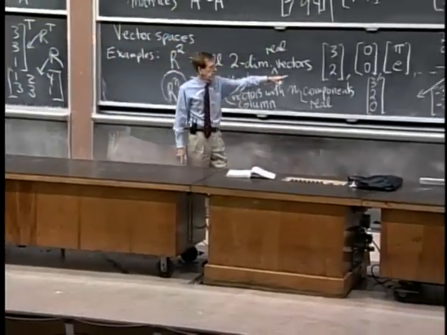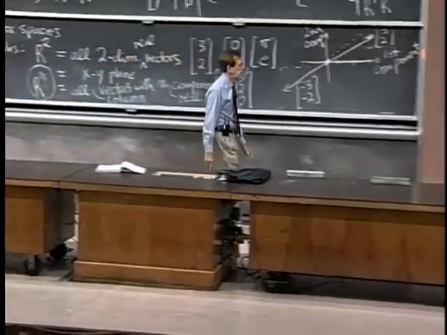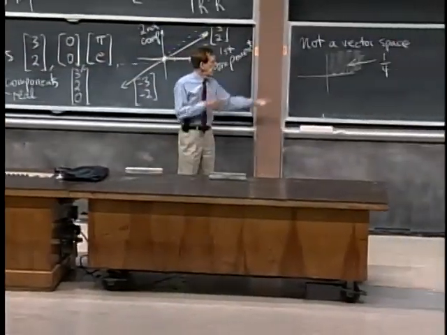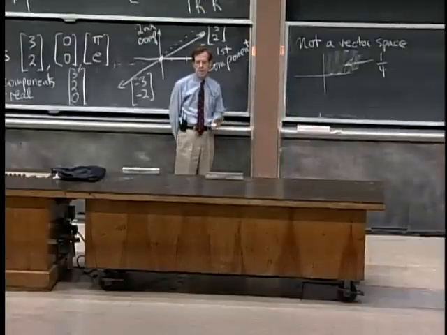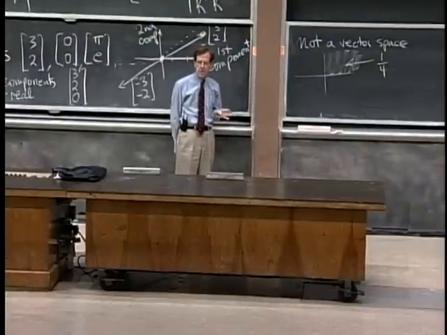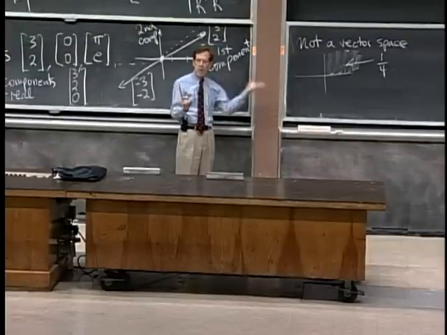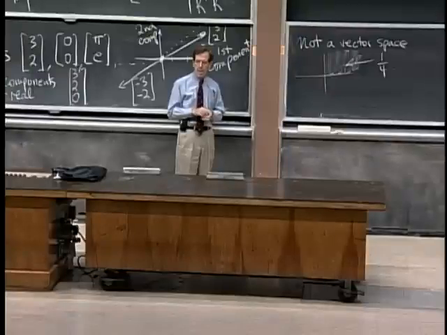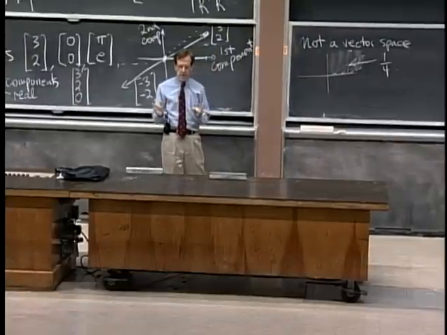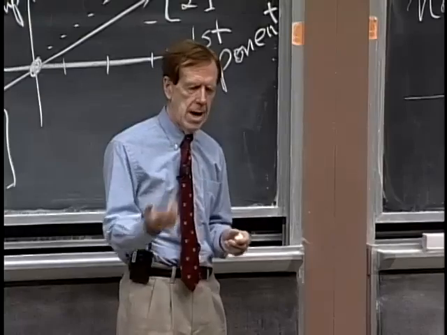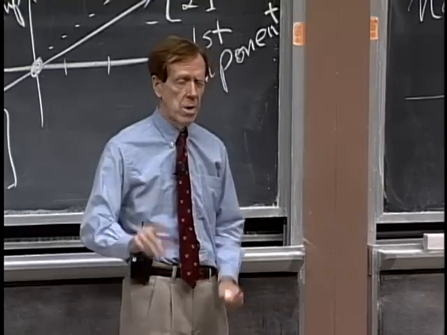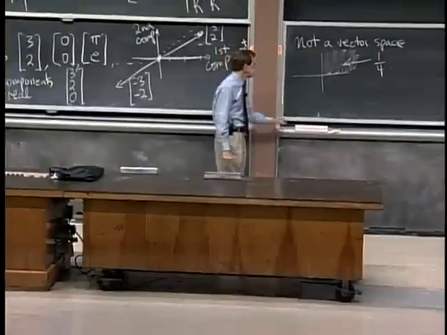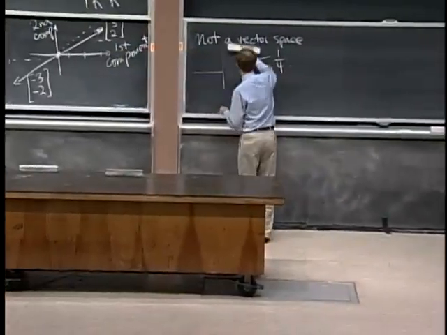See, there we started with R2 and took part of it and messed it up. What we got was not a vector space. Now tell me a vector space that is part of R2 and is still safe: we can multiply, we can add, and we stay in this smaller vector space. It's going to be called a subspace. So I'm going to change this bad example to a good one.